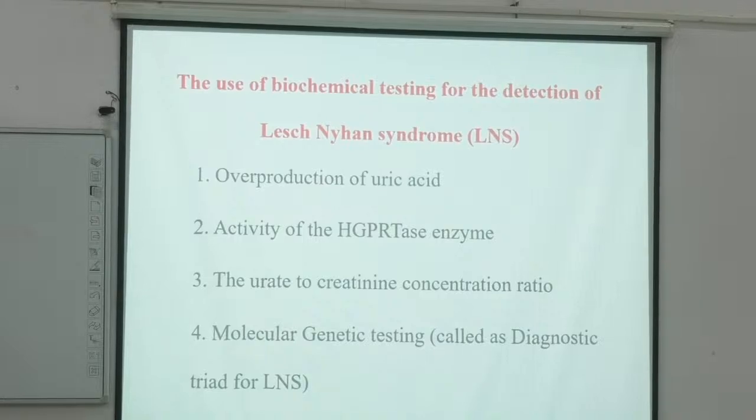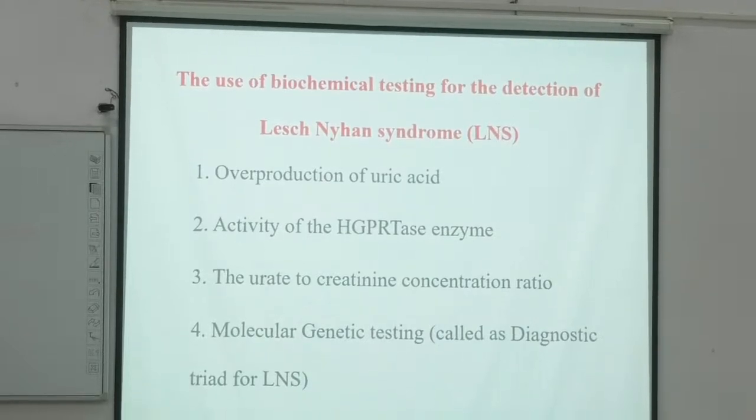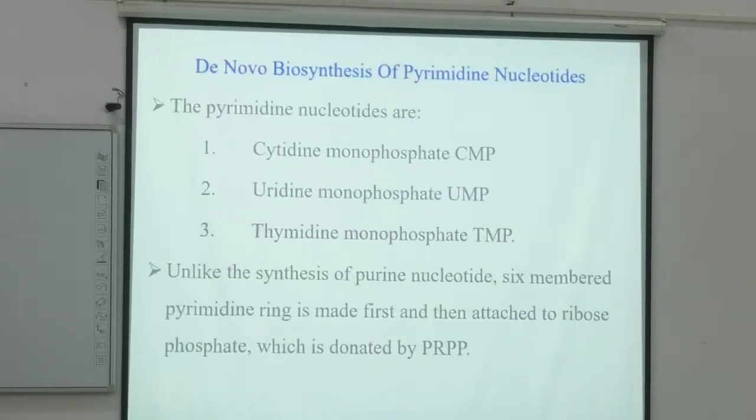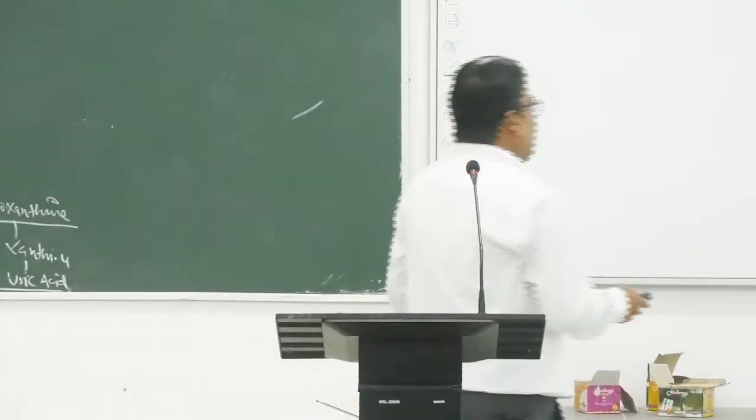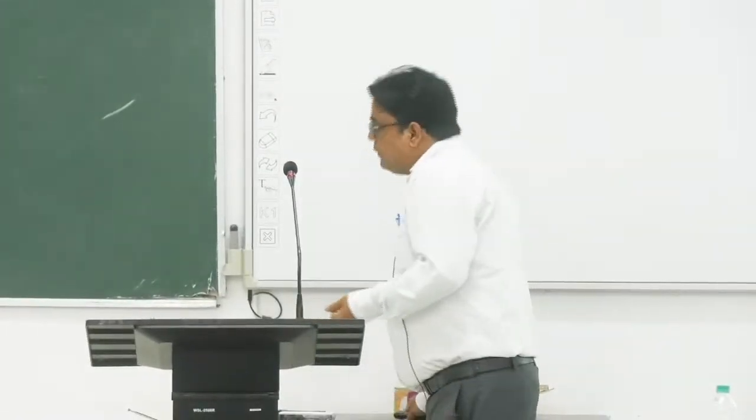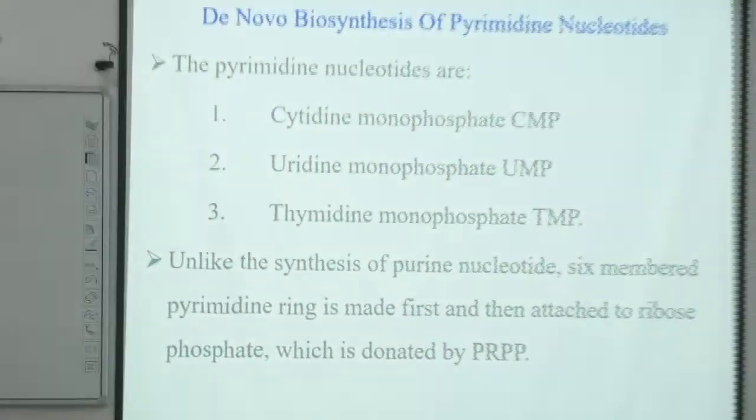There is overproduction of uric acid, HGPRT, some molecular genetic tests. So all these are the tests. You read this. Now we start pyrimidine metabolism. That is important.